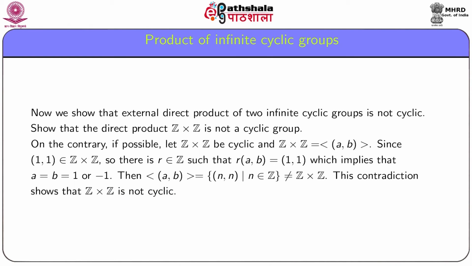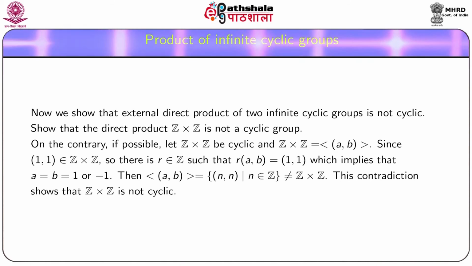Now, what about the product of infinite cyclic groups? We have already characterized a necessary and sufficient condition when the product of two finite cyclic groups becomes a cyclic group.